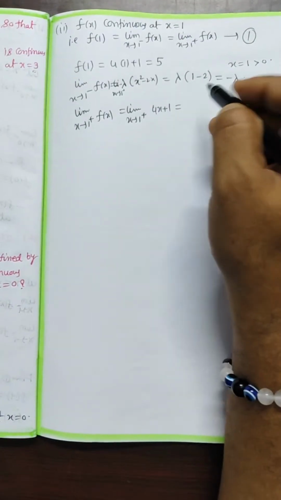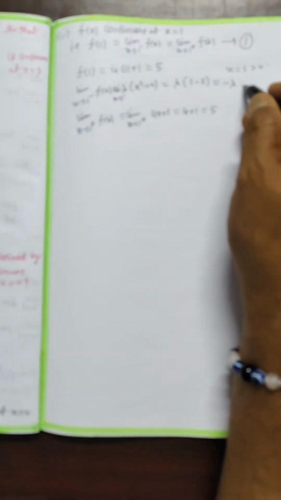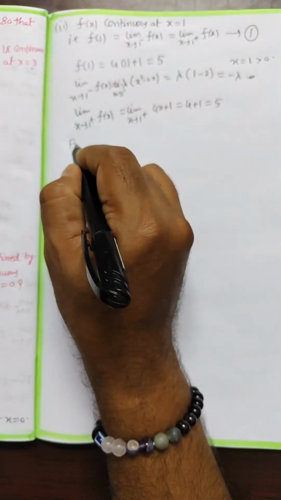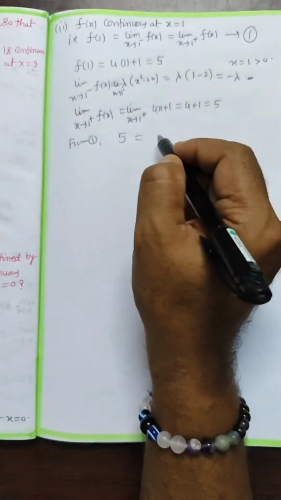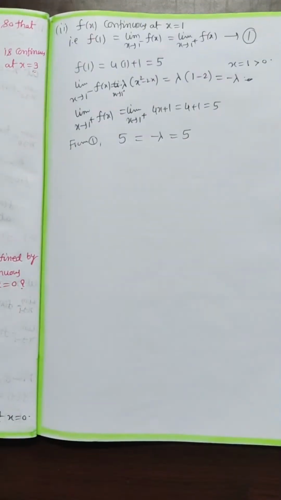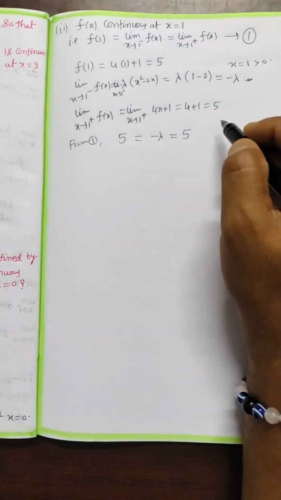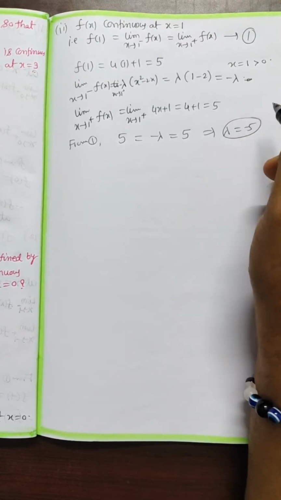Substituting x is equal to 1, 4 plus 1 is equal to 5. So these three values: 5 equal to minus lambda equal to 5. That implies lambda equal to minus 5.